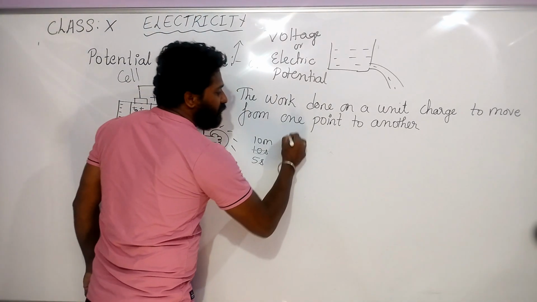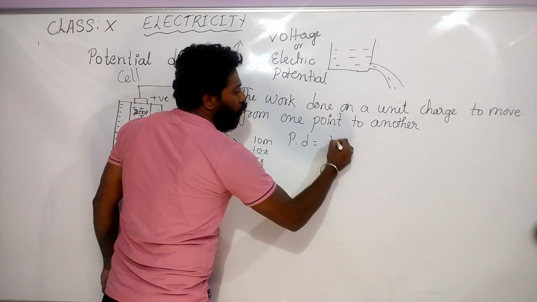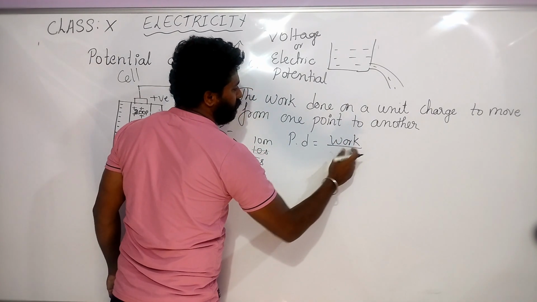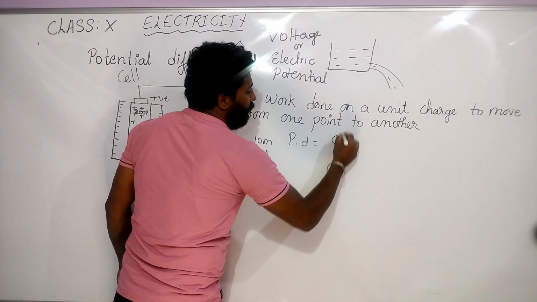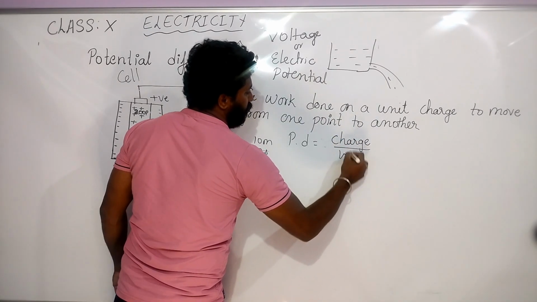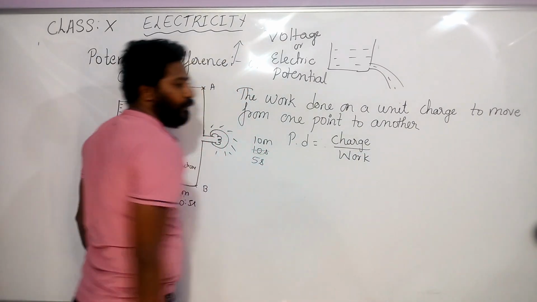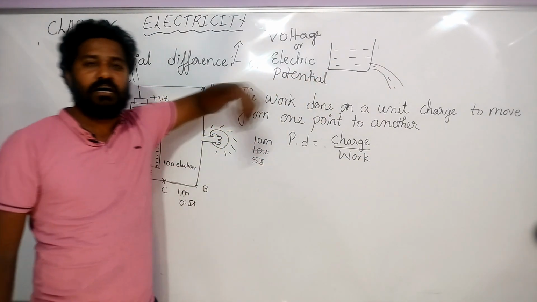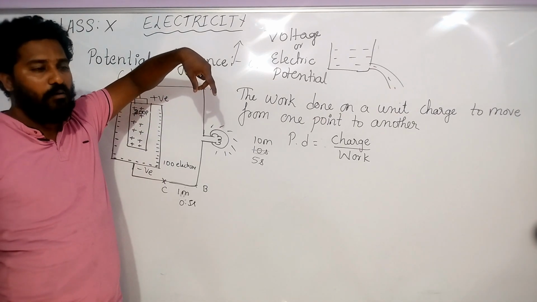And we have potential difference is equal to work by charge. Okay. So potential difference is equal to work by charge. We are doing work on a charge.